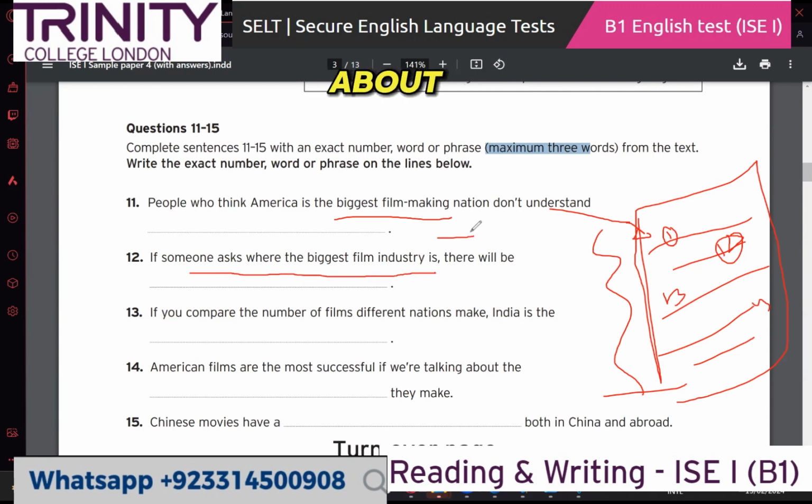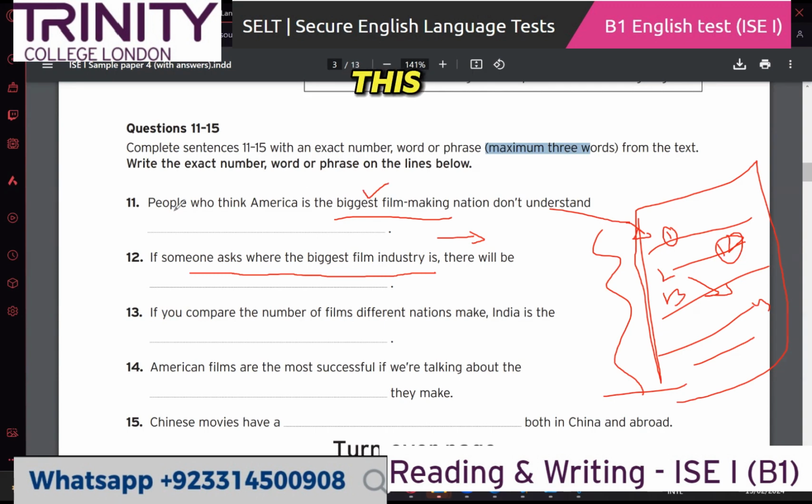They want to know the location, and it might be mentioned in paragraph 2. Then if you compare the number of films different nations make, India is mentioned maybe in paragraph 2, but two to three lines below. So you will always take help from the keywords in the question.